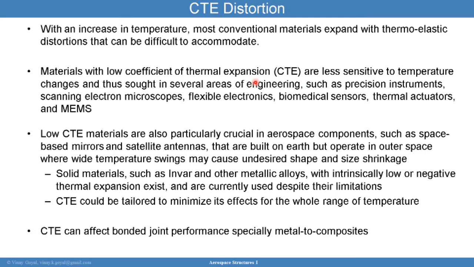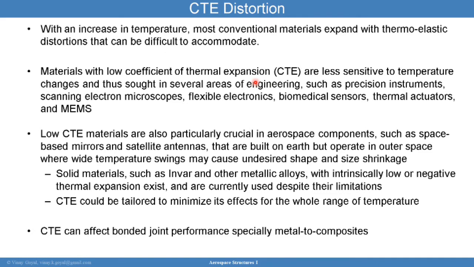Low CTE materials also play a crucial role in aerospace components, such as space-based mirrors and satellite antennas. They're built on Earth but operate out in the outer space environment, where the wider temperature swings may cause undesirable changes in shape and shrinkage. So a lot of people do work to look at new materials.